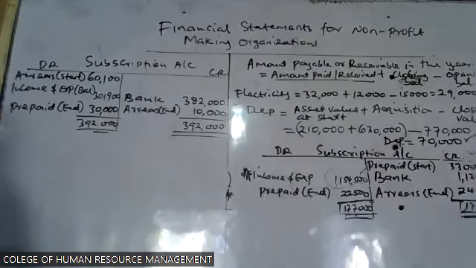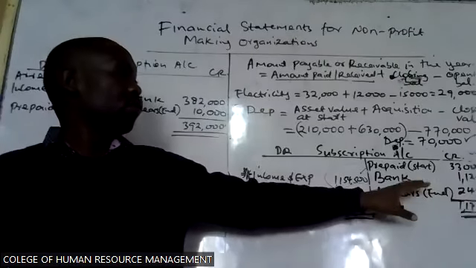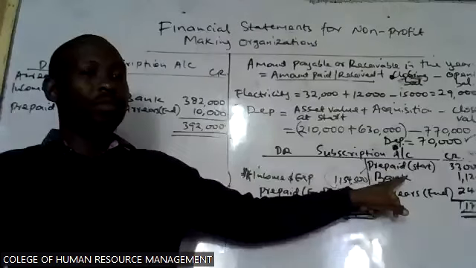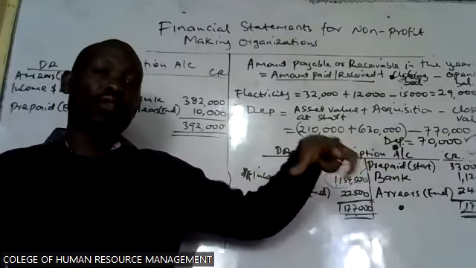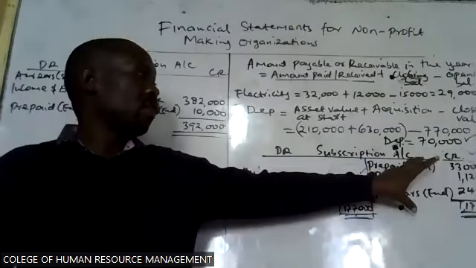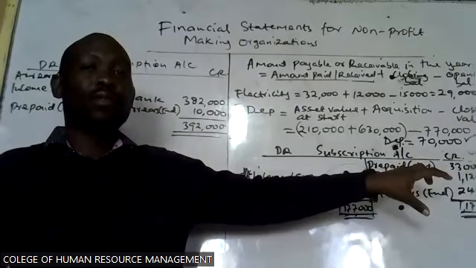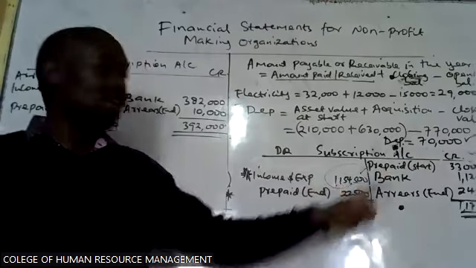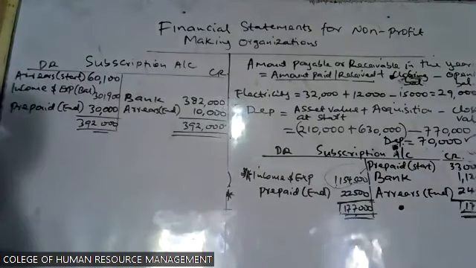I know nobody will penalize you, but actually the procedure should be that you must bring the balances first. Nobody will penalize because you get the same answer as long as they are on the same side. It's only that I'm following it from the accountant point of view where you must start with the balance and then you receive the money. But nobody will penalize you even if the order is not that.